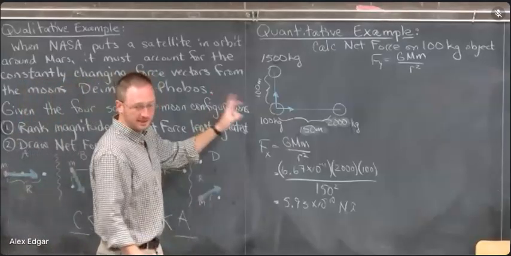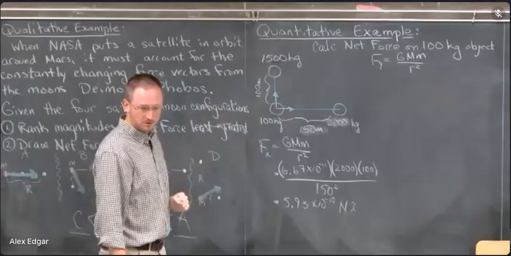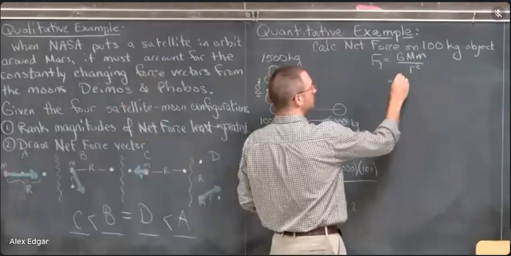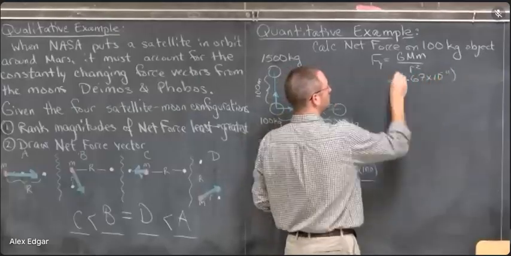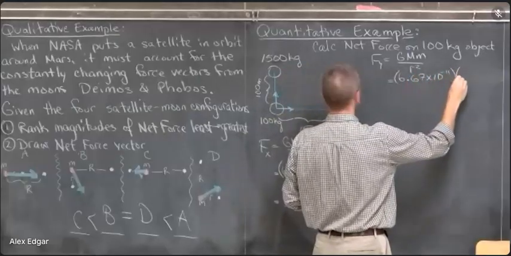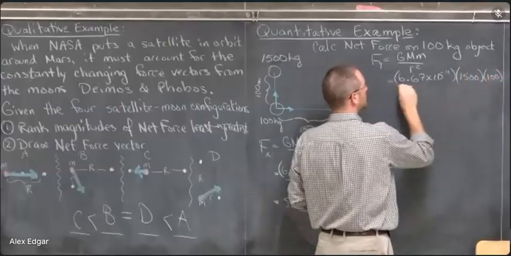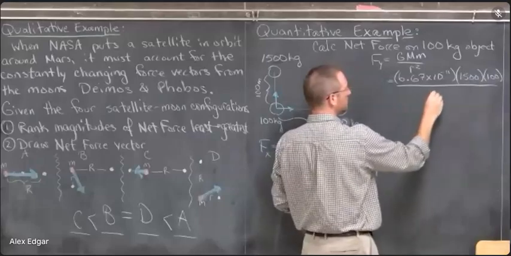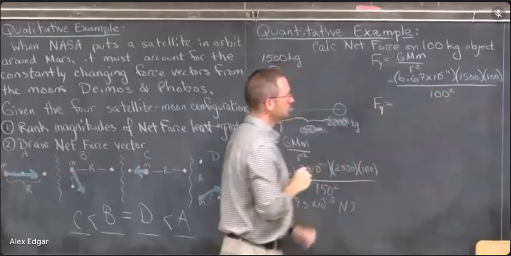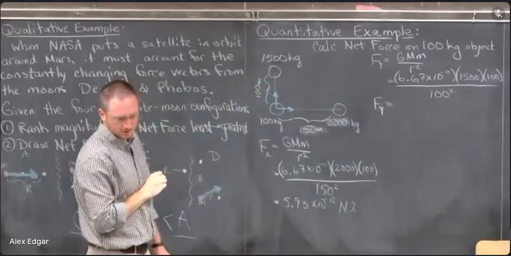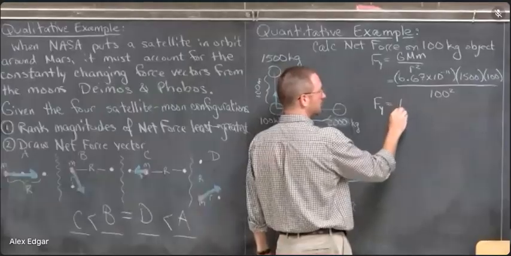So we've taken care of the negative sign in Newton's law of universal gravitation equation again. Substituting numbers into the calculator gets 1 nanonewton.